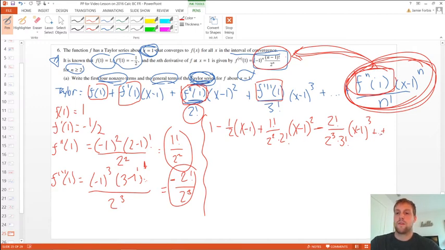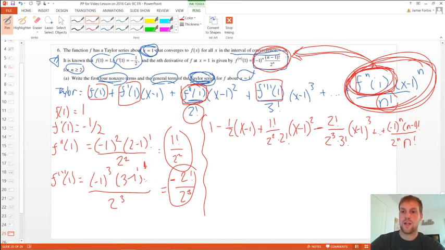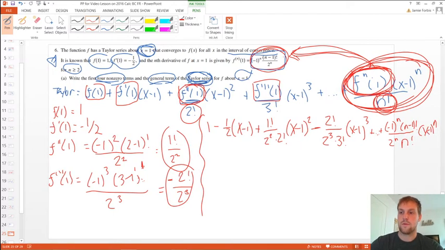That's going to be negative 1 to the n minus 1 for my alternating series, and I'm writing this here pretty much. n minus 1 factorial over 2 to the n divided by n factorial. Okay, and then times x minus 1 to the n. So there you have it. That's the general term. Now, this is the answer.